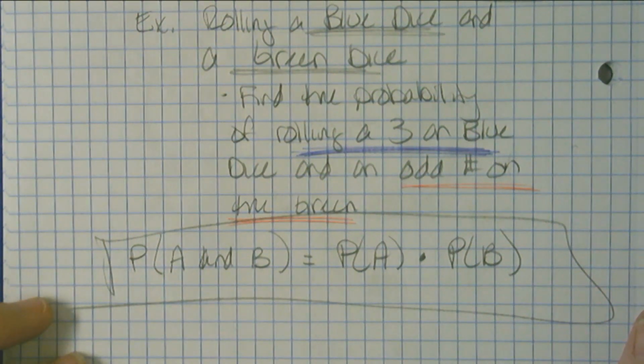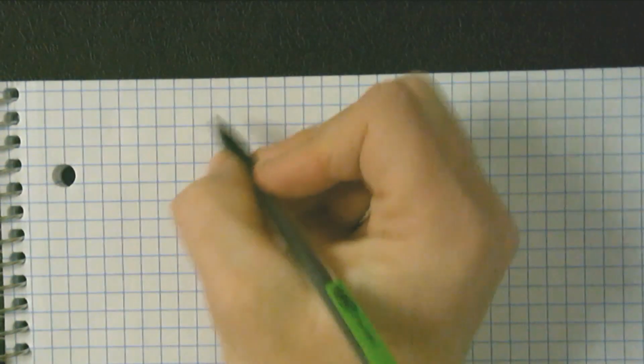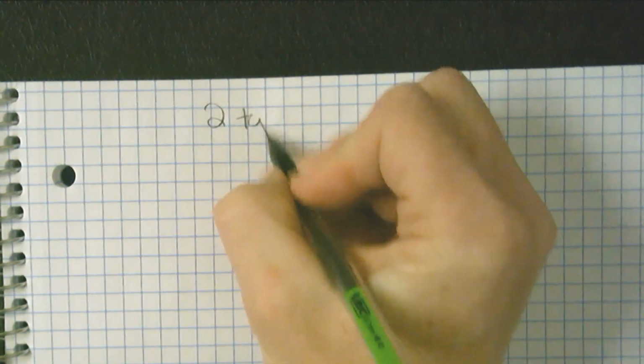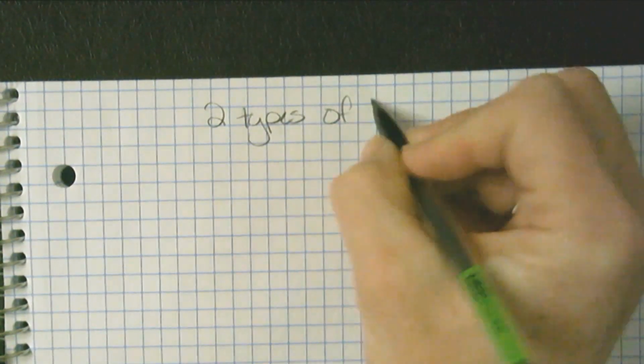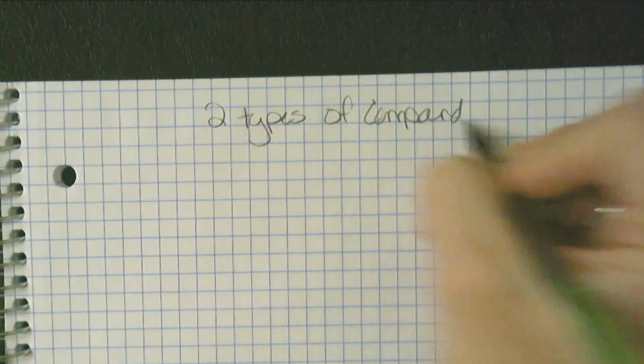Questions so far? Who needs to see what's up there? Okay. There are two types of compound probability. We're just going to do one today.